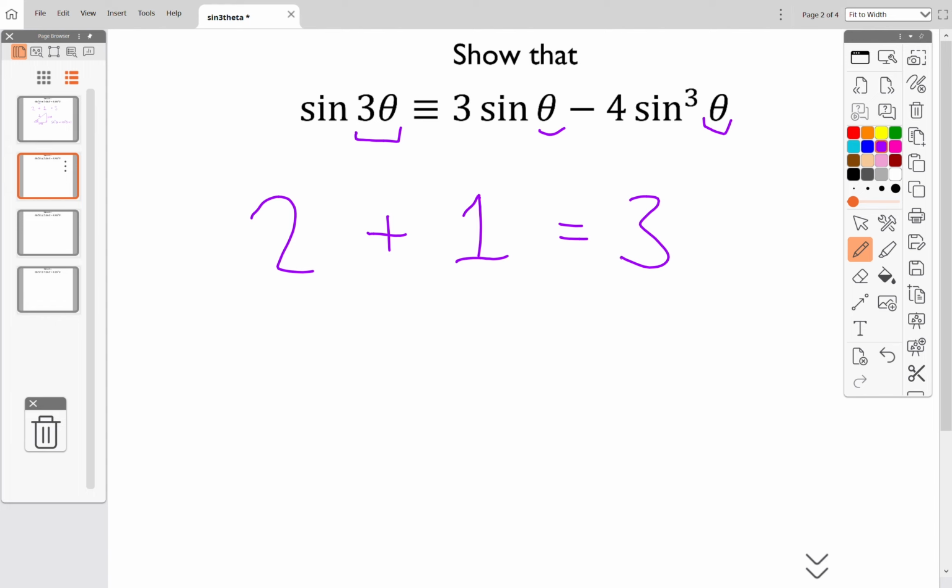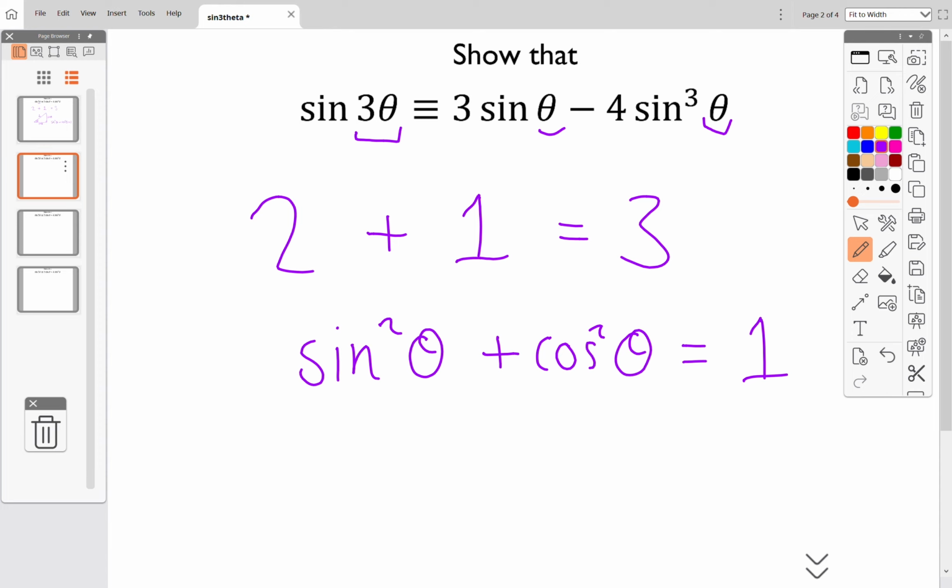We're also going to use this fantastic identity that sine squared theta plus cos squared theta equals 1. So this is one of the most important ones. That comes from this lovely right angle triangle with hypotenuse 1, angle theta here. So your opposite side, the vertical component, is sine theta, and the adjacent side here is cos theta.